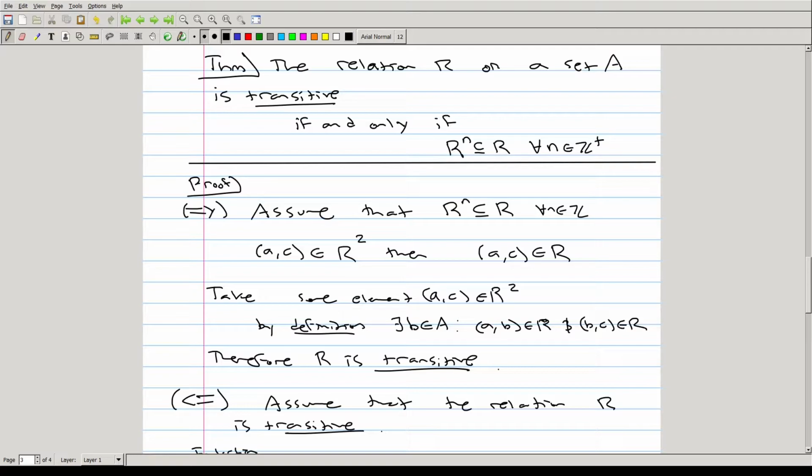And we now see the way forward towards computing what's called the transitive closure of a given relation.